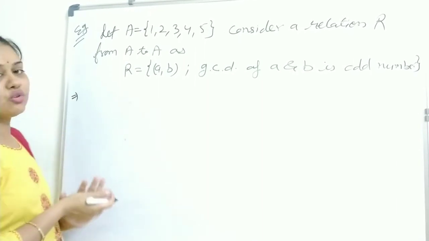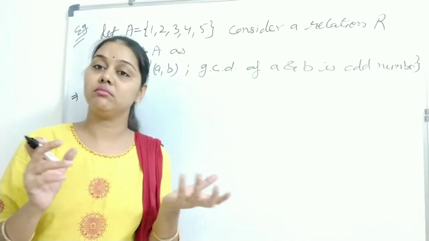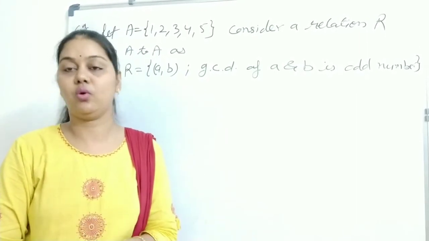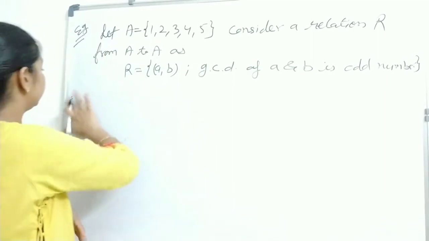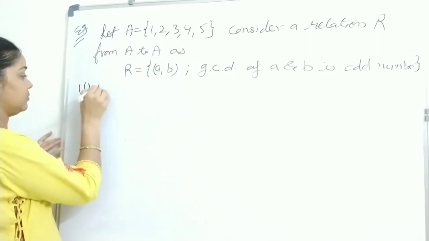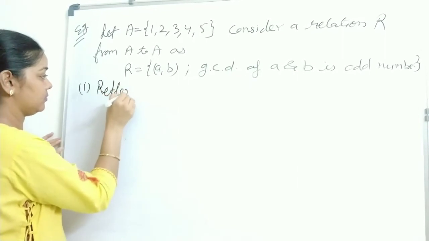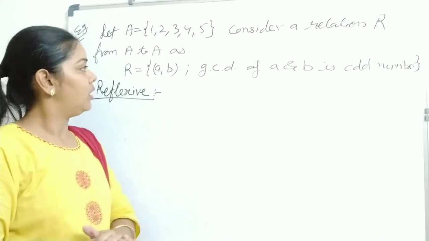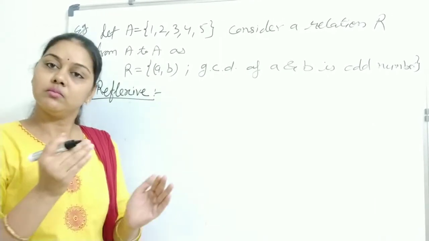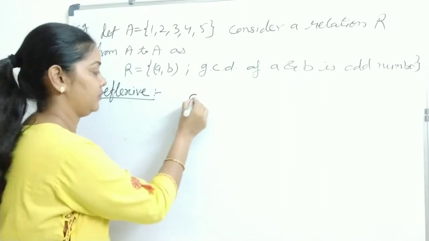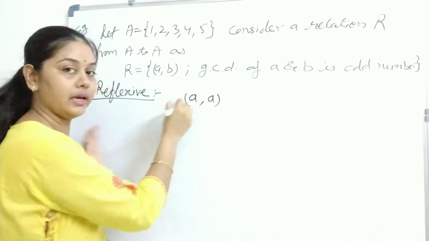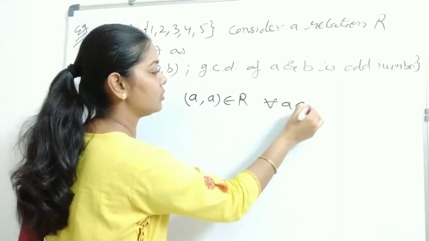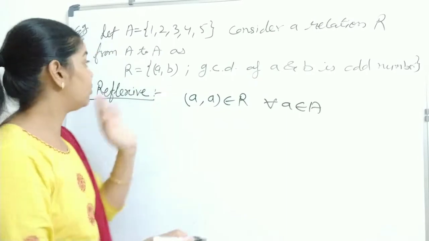Now, we have to check in this question whether it is reflexive, symmetric, or transitive. First, let us check reflexive. Reflexive means the element A will be related with A itself, for every A. Now look at this.